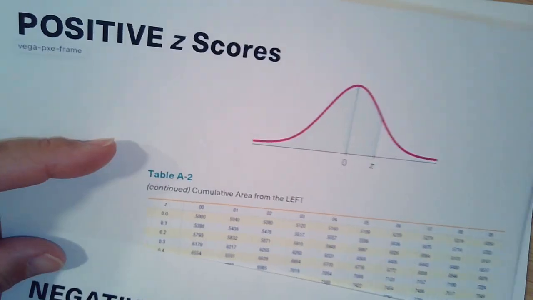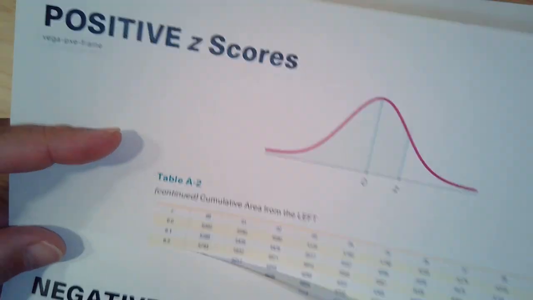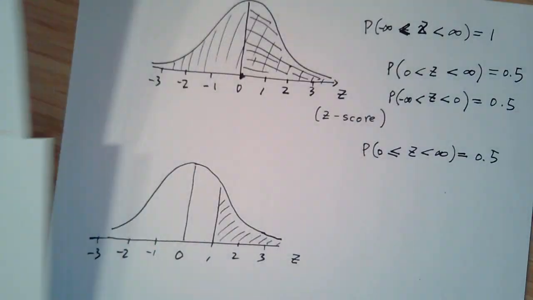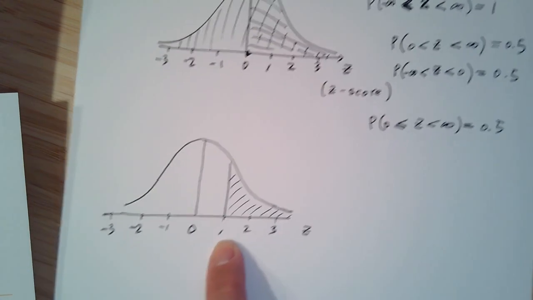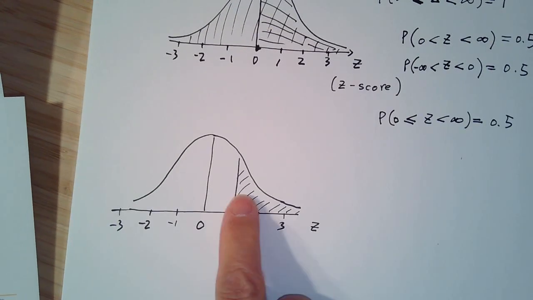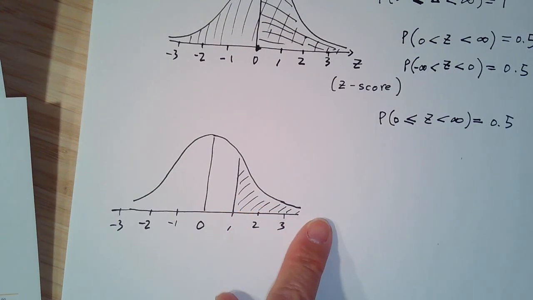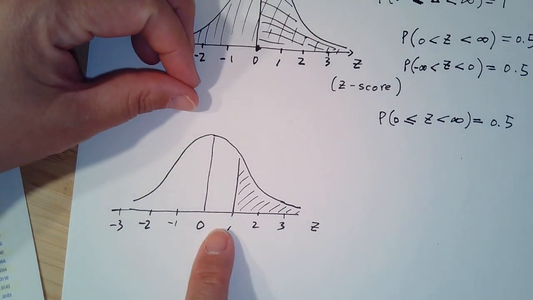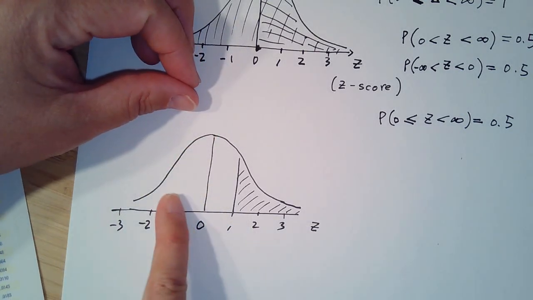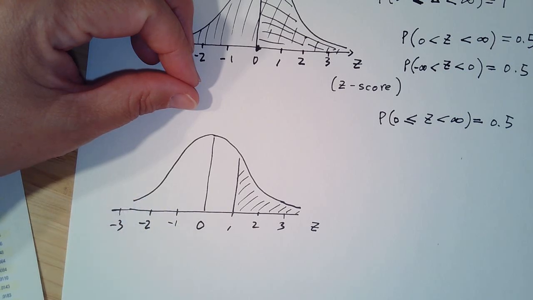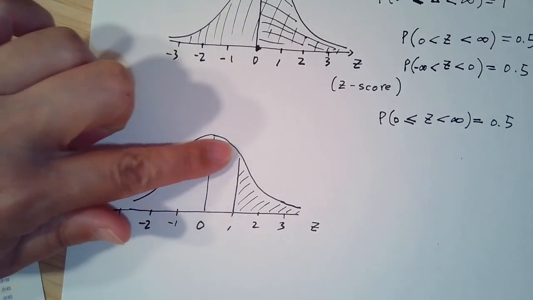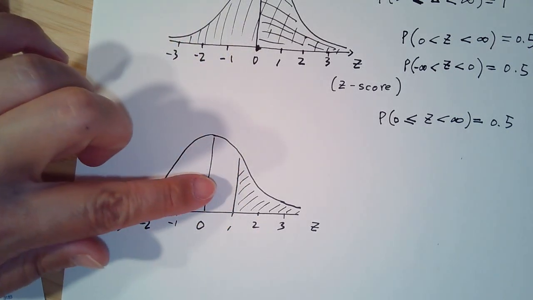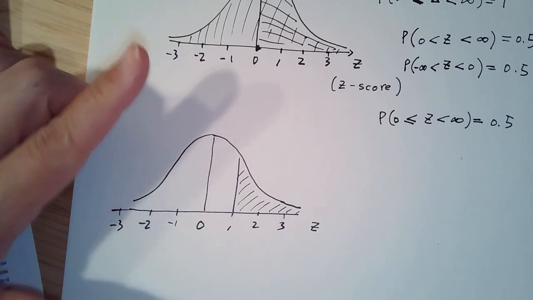All right. Now the way you use the table is, if I give you z-score is 1, I'm looking for the area to the right of 1. There are two ways to do it. One is you find the area to the left of 1, which is this white area, and then you subtract this from 1.